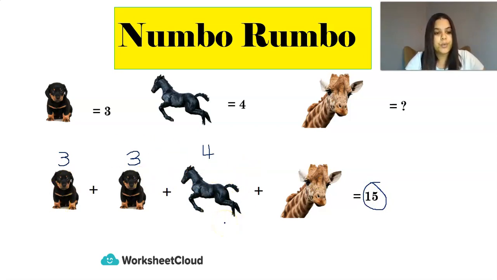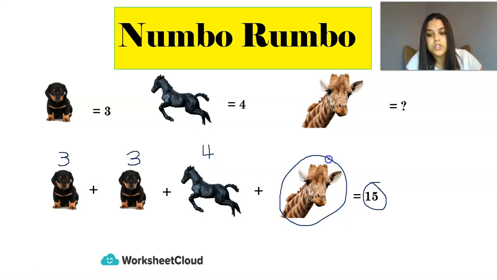So we're going to add these up, and then we're going to subtract these from this number, because that number should give us what the giraffe is equal to. Okay, so I'm circling the giraffe. Right, so let's do that step by step.